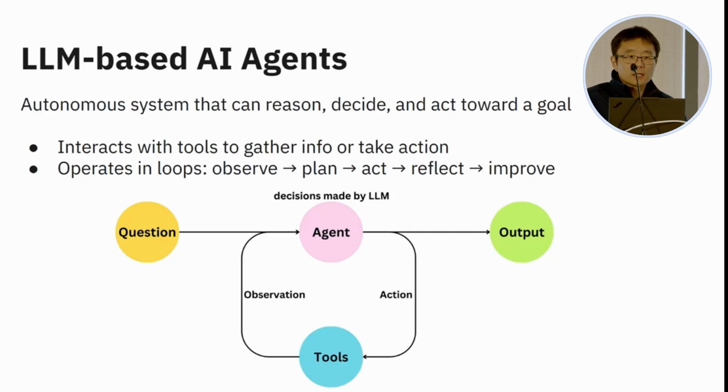One is giving AI access to different tools, be it looking up the weather or running a Google search. The second mechanism is to operate in a loop, giving AI the ability to have a self-feedback loop, so it can reflect on its own output and make incremental, iterative improvements over time.